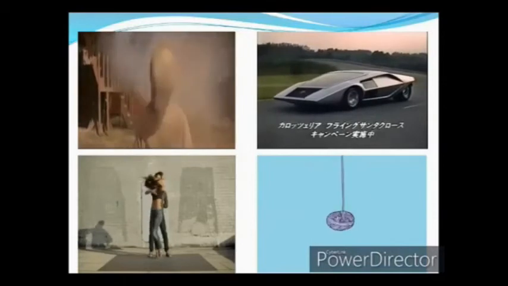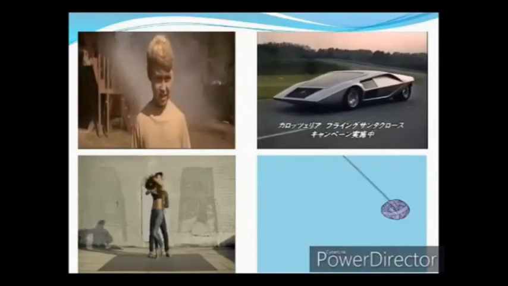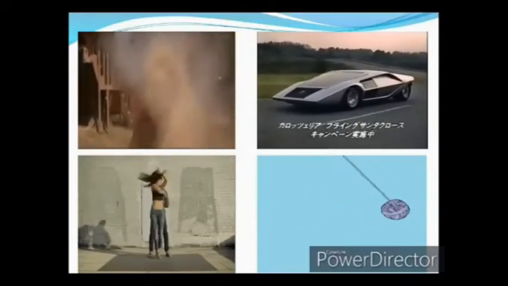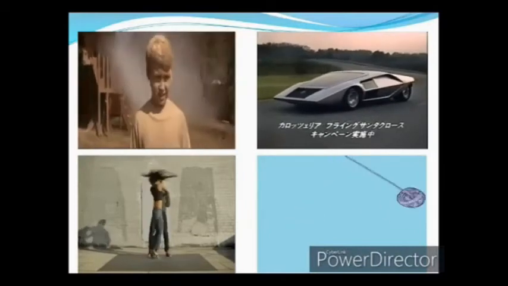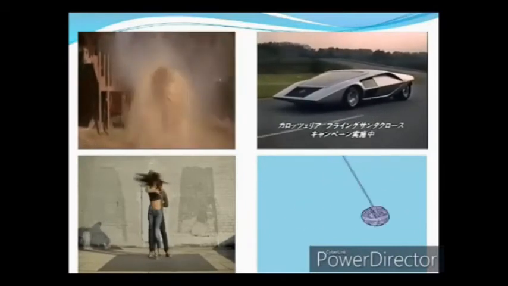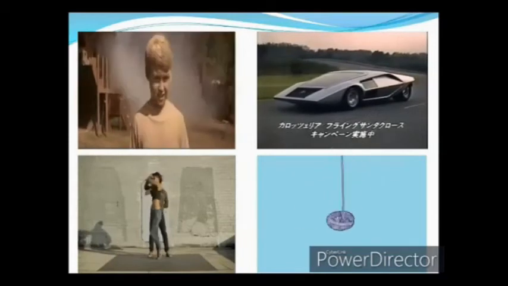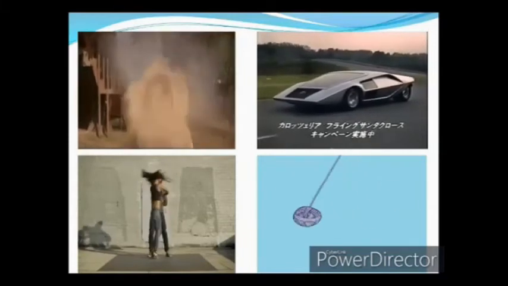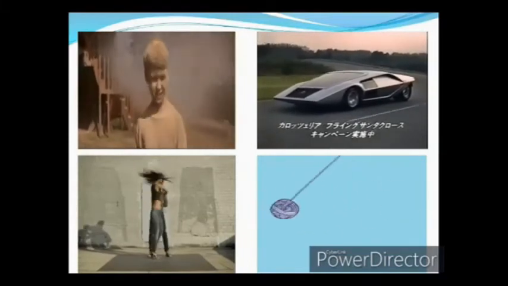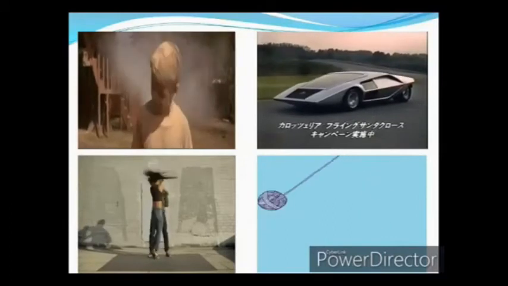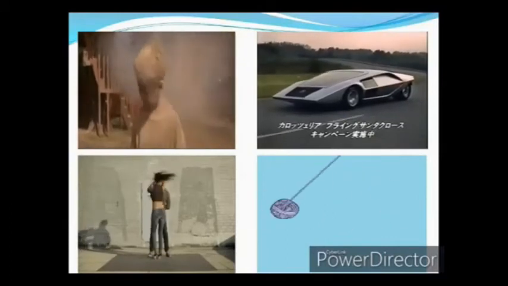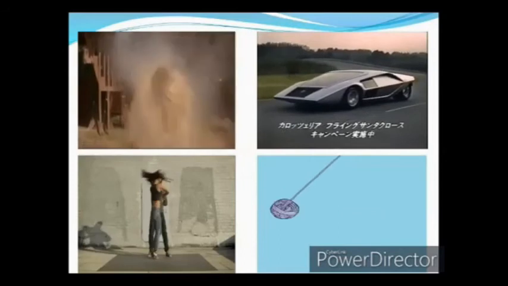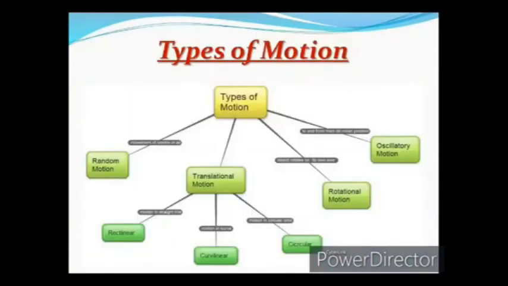That means she is rotating. And in the last one, we can see a ball of wool is moving right to left and vice versa. That means it is in to and fro motion, which gives us the example of types of motions which can be termed as random motion, translational motion, rotational motion, and oscillatory motion.